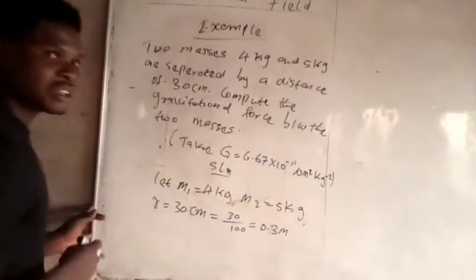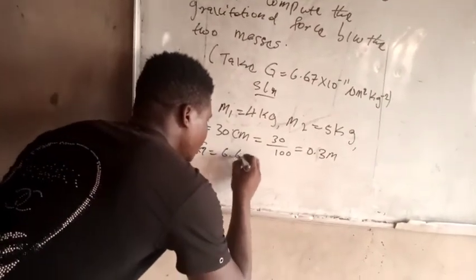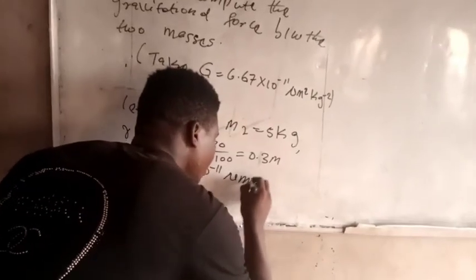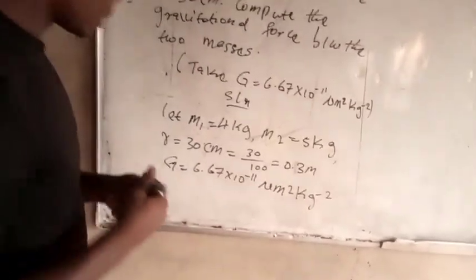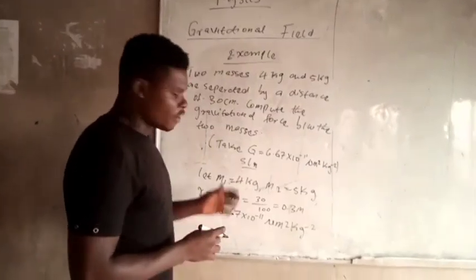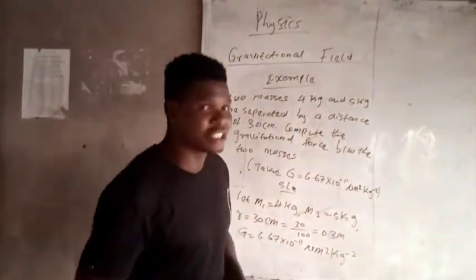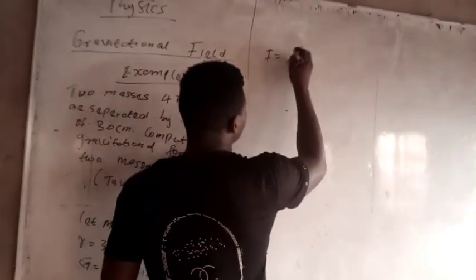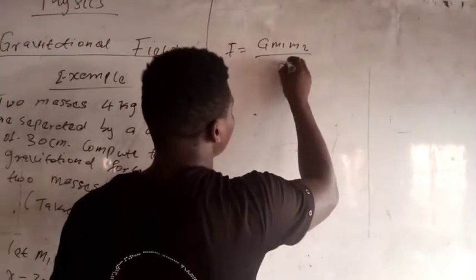And our gravitational constant is given, which is G equal to 6.67 times 10 raised to the power minus 11 Newton meter square per kilogram square. Now, looking at the parameters given, mass, R, and G, of course, we know that the formula relating all these parameters is Newton's law of universal gravitation, which says that F is equal to G M1 M2 all over what?